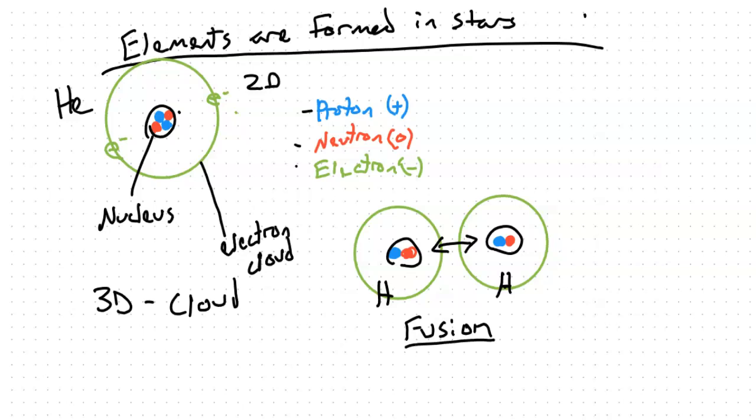When fusion occurs, we have now 2 in our nucleus, neutrons and protons. When fusion occurs, it releases a whole bunch of energy.